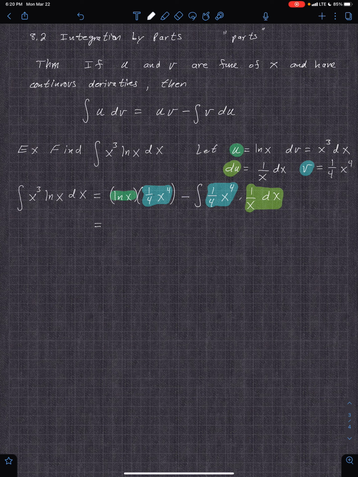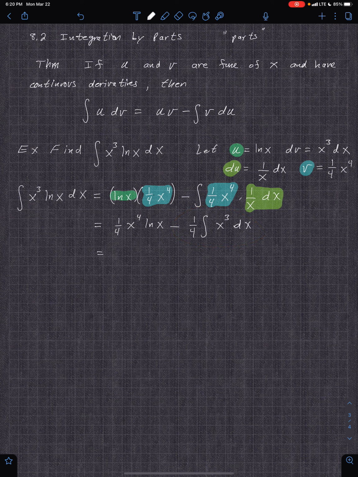All right, so then that simplifies a bit. Usually we'll write this as 1/4 x to the 4th, and then ln x, a little better form, of course, minus, and then bring out the 1/4 integral, and that's just x cubed dx, which clearly is a lot easier to integrate now. That's pretty simple.